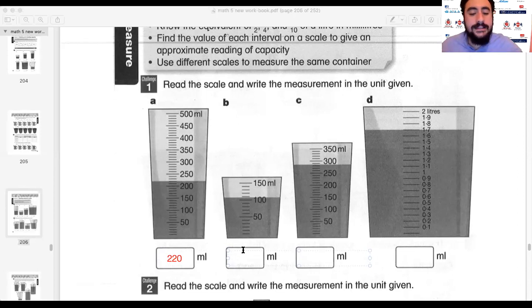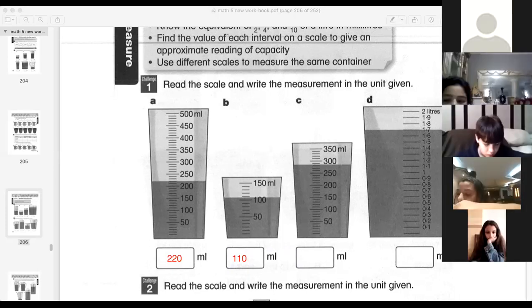Okay, so I can say it's 110, or I can say it's 109, but I'm going to write 110 milliliter. Because this is 100 and it's above 100 by one dash, so it's going to be 110. Okay, thank you so much.